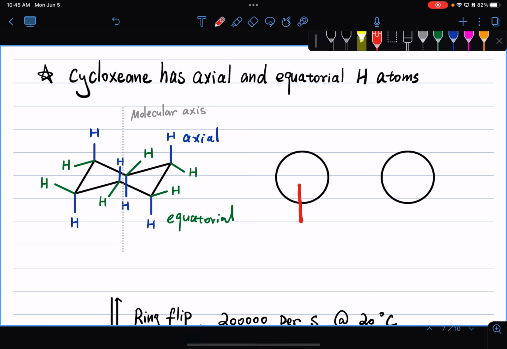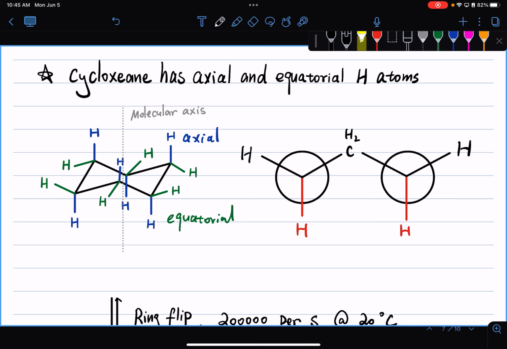Looking at the Newman projection, what do we have? On the front, we have a hydrogen that is red. And on the side, we have a hydrogen that is black. Now in the middle, we have our CH2, and don't worry about that CH2 too much now. And in here, we have hydrogen, and we have the CH2 and the hydrogen.